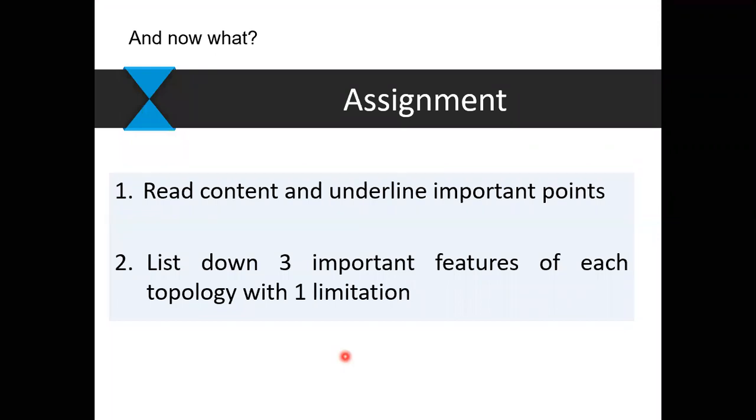So that's all from today's lecture. What you have to do is read the content and underline important points, especially from an MCQ's point of view or objective point of view. Then you have to list down three important features of each network topology, and you will also have to list down at least one limitation of each network topology.